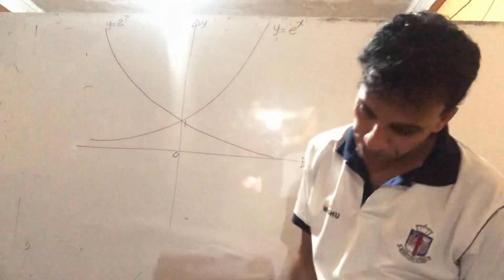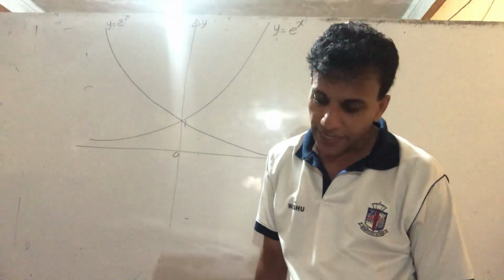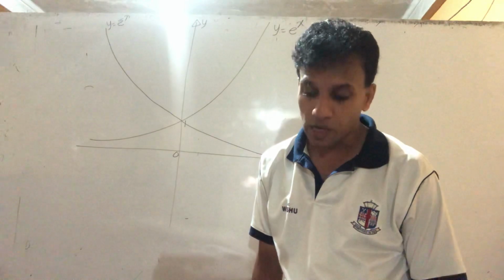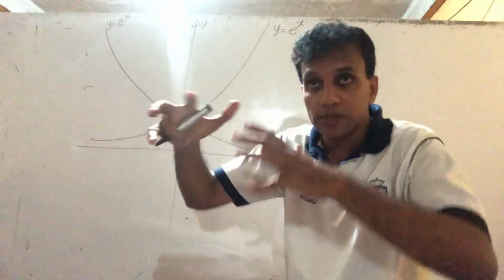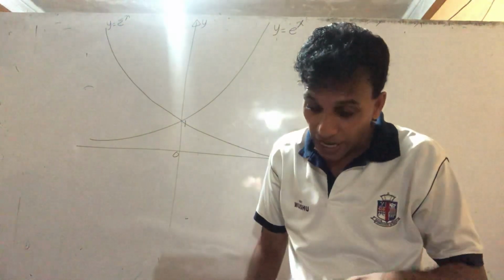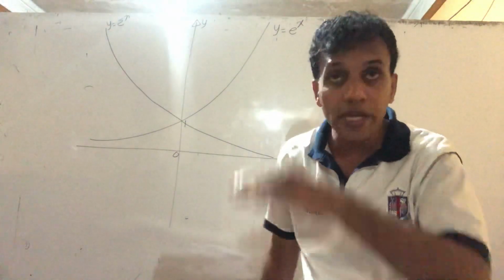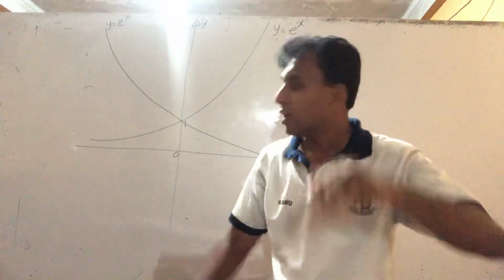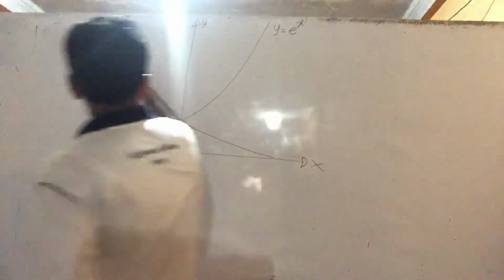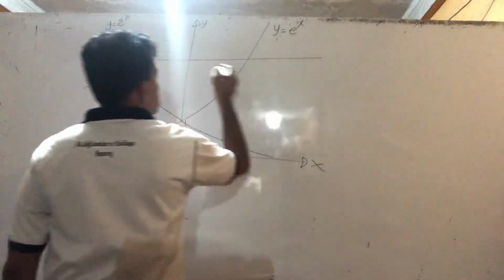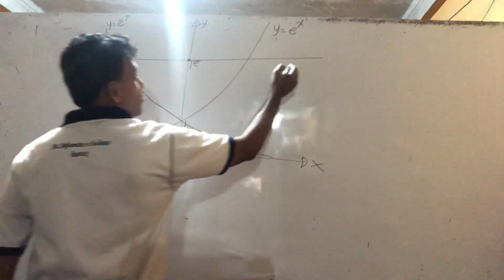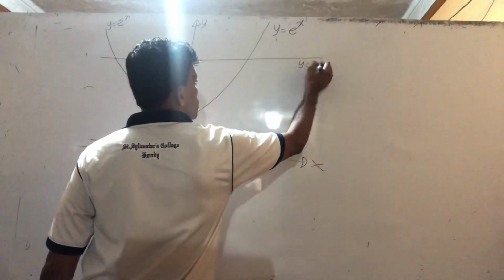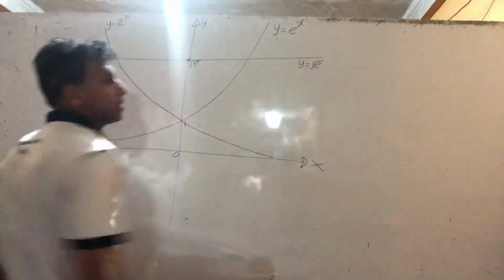Next they say, show that the area of the region bounded by the above graphs, bounded meaning covered by them, and the straight line y equals square root e, parallel to the x-axis.